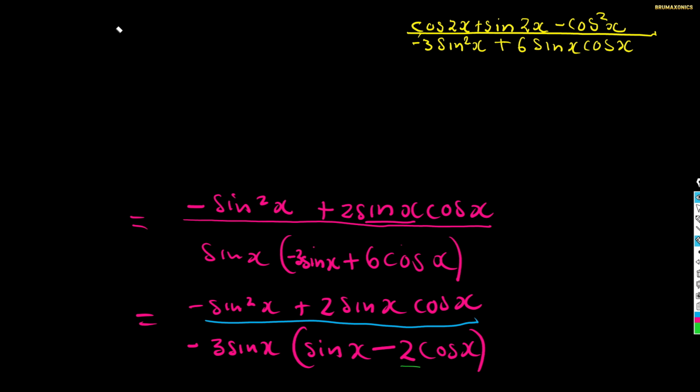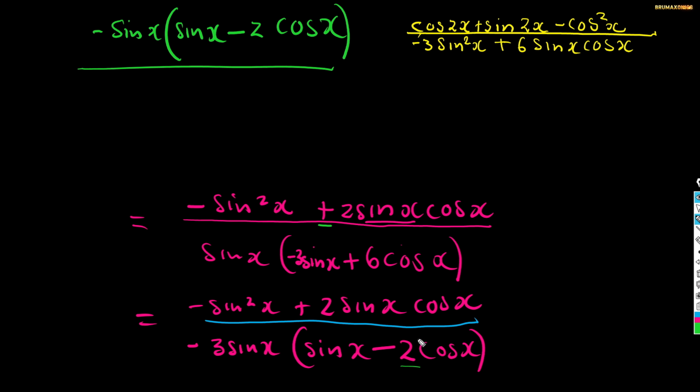So we have, let's take it as a negative, negative sine x, and then in order for this to be positive, this will be negative 2, the cos of x, right? So we took this out, and then we are left with the following.